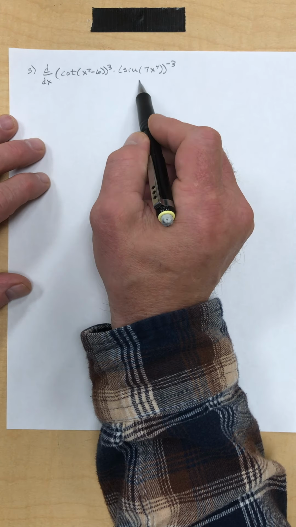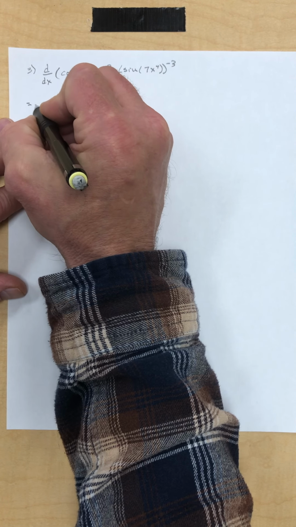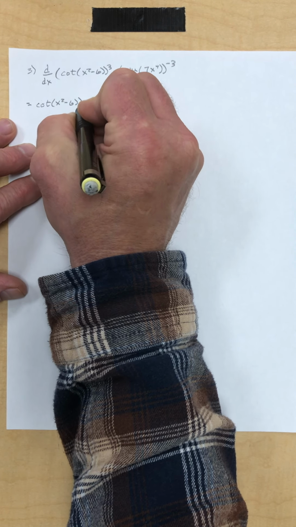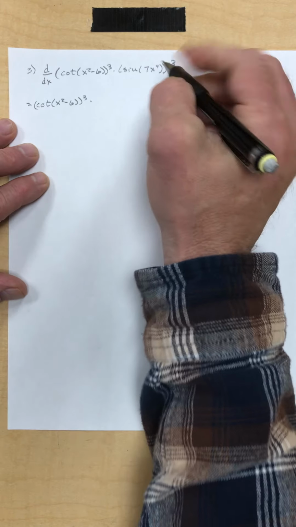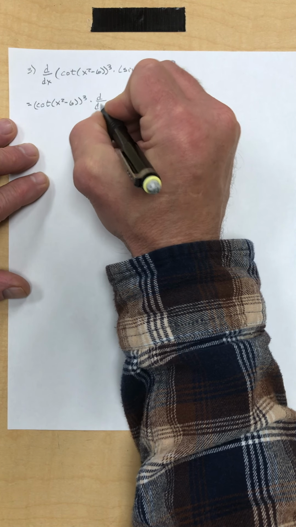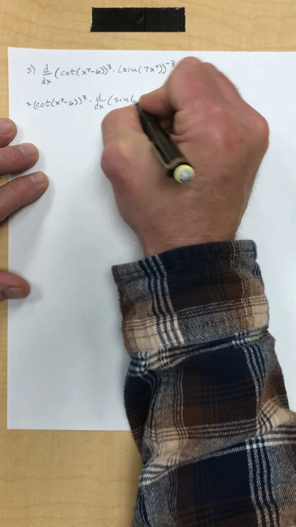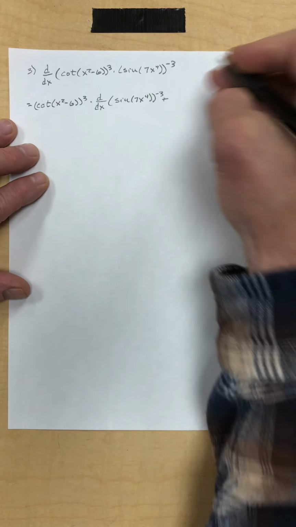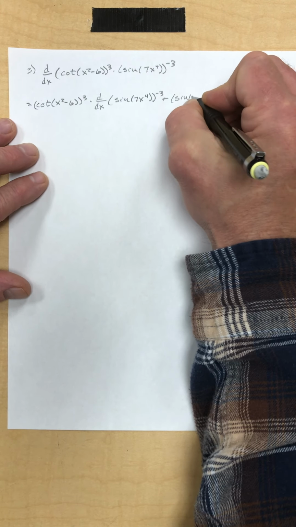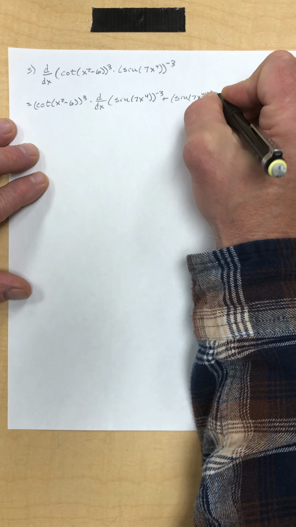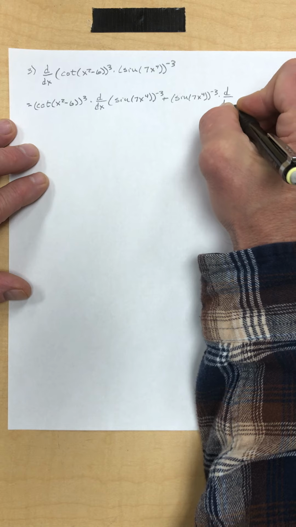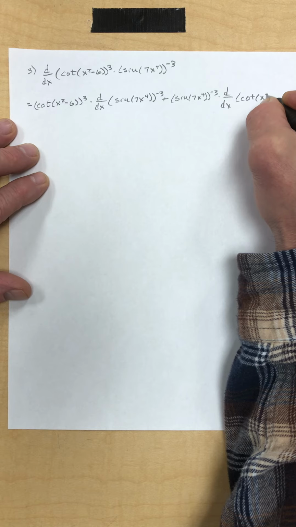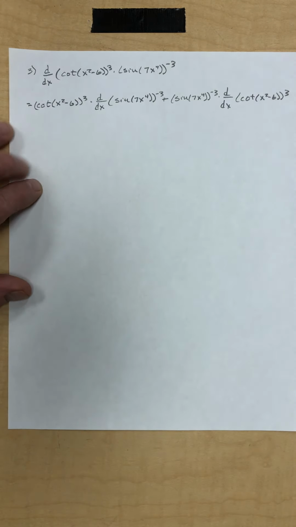Okay, so I get the first times the derivative of the second. So I got the first, cotangent of x squared minus 6 to the third power, times the derivative of the second, d dx of sine of 7x to the fourth to the negative third, plus the second, sine of 7x to the fourth to the negative third, times the derivative of the first, which is cotangent of x squared minus 6 cubed, like that.